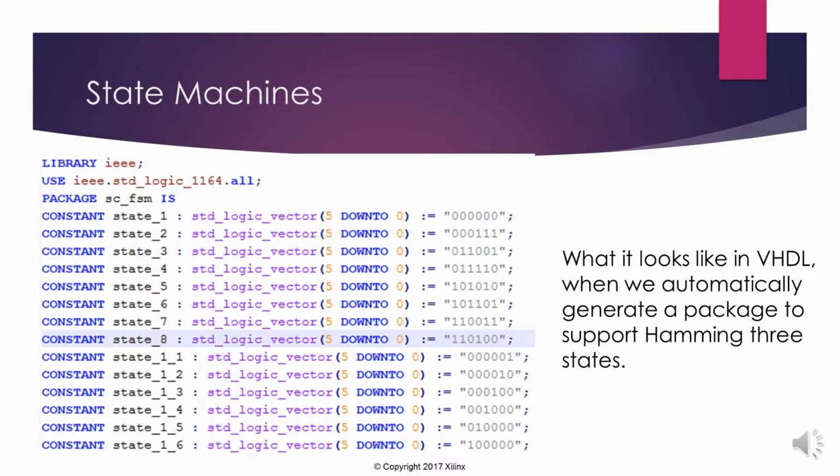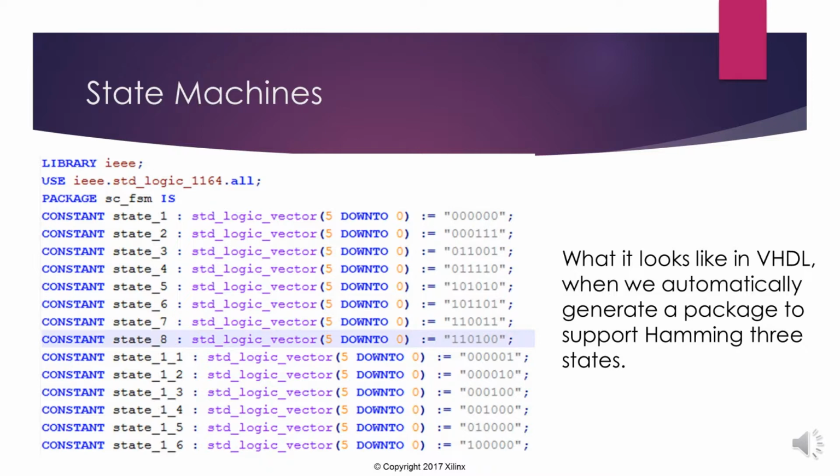defined down there. Each of the states is defined by a Hamming distance of 3. Each of the states has a Hamming distance of 3 between them, and I have a Python script, if anybody wants it, that will take a normal state machine and regenerate it as a state machine with a Hamming distance of 3 and with the adjacent states mapped.